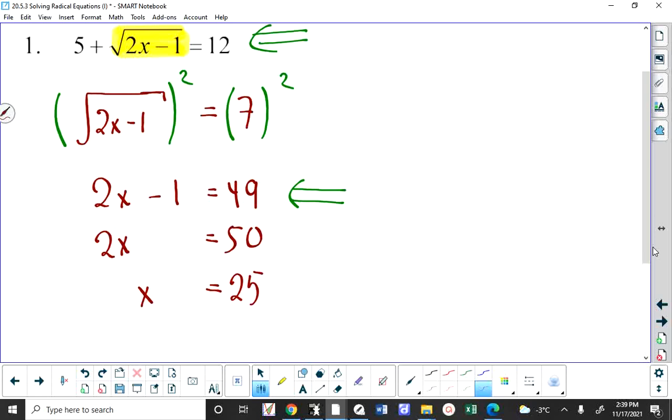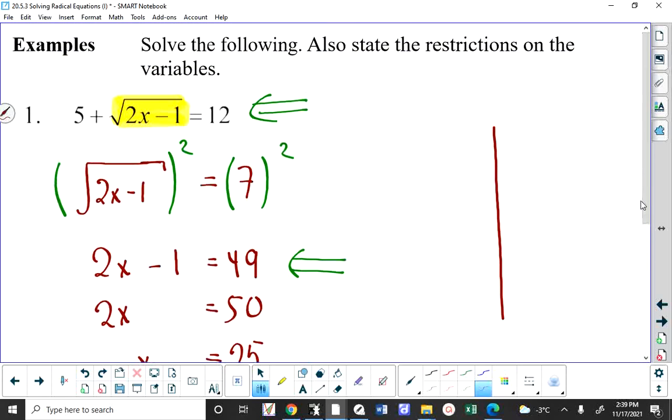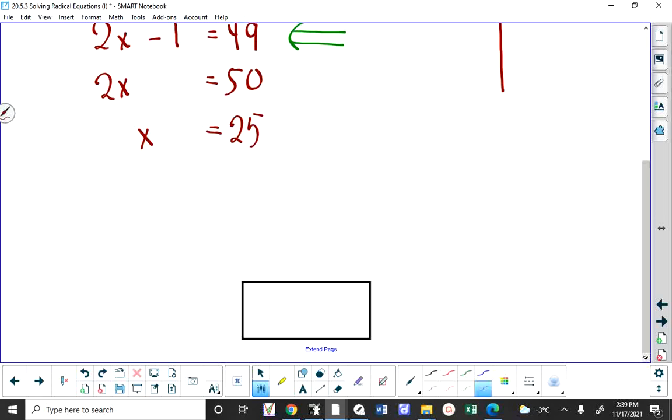We have to check that, and the way I'm going to ask you to check it is very specific because we use the same idea in Math 30 with other areas. We're going to look at the left side and right side of that original equation separately from one another. There's no equal sign here. I'm simply going to take 5 plus root 2x minus 1, and replace x with the number that we think is the answer, 25.